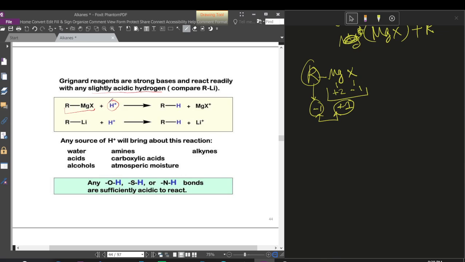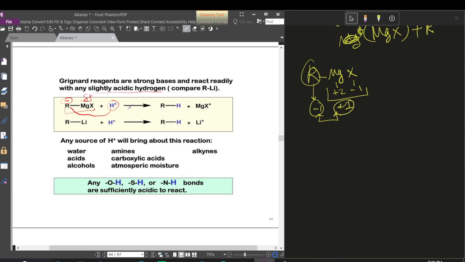There will be a reaction, since this is partial negative and this is partial positive, so hydrogen bonds to the alkyl to form RH, which is alkane, and the other part will be magnesium halide of partial positive charge. So by this we can easily create the alkane by the presence of the Grignard reagents.